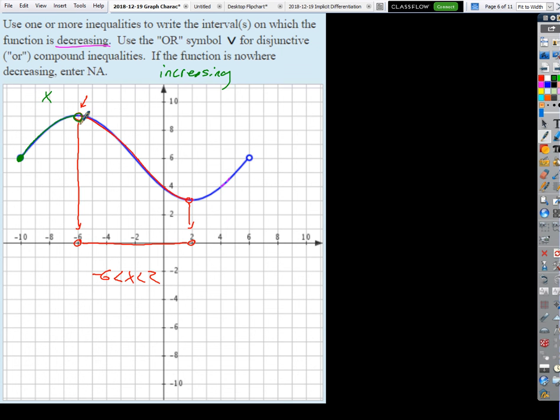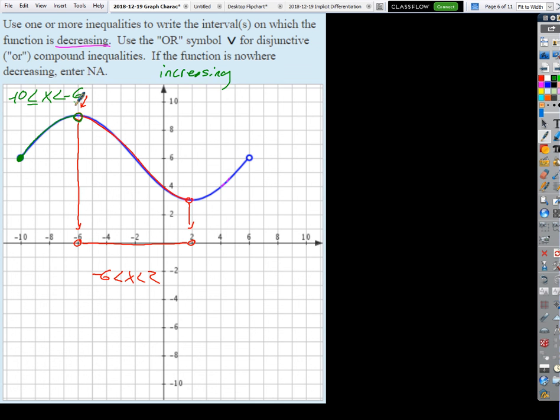X is greater than, good. Do I use greater than or equal to? Good. Then -10 and less than, perfect.